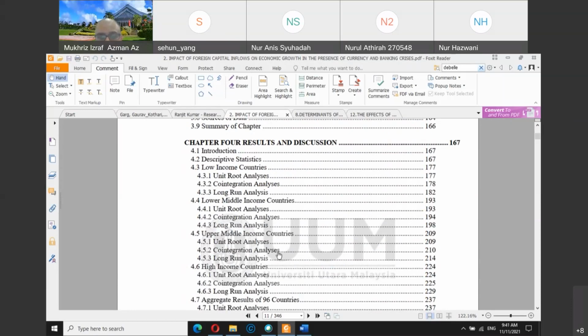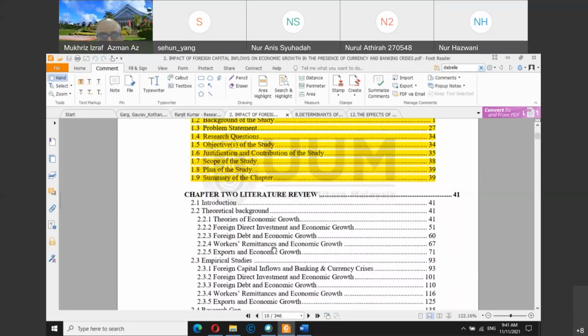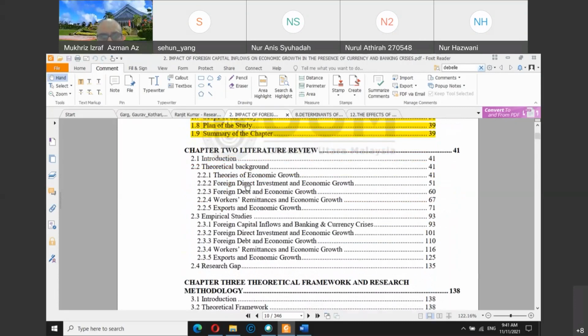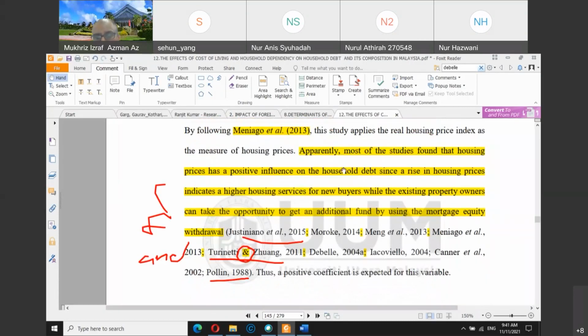You need to show that your conclusion is the same as Mr. X, Mr. Y, Mr. Z. So citing an article will appear in every chapter of your thesis. But most of the citation or referring to articles will appear in your chapter 2. This is where you show that you have done your reading, you have read as many articles as possible related to your issue.